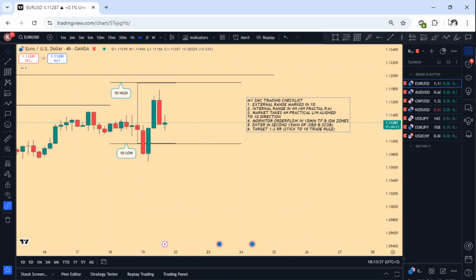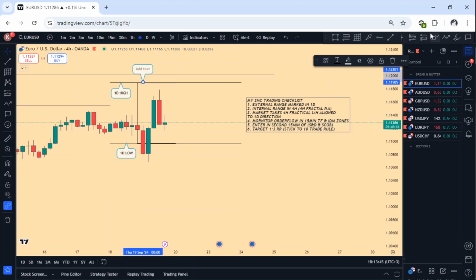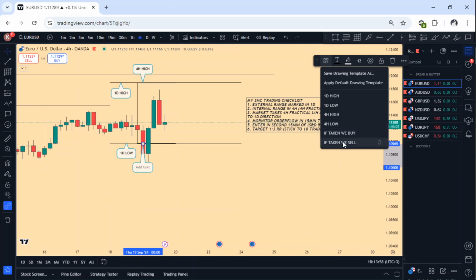It's not the clearest 4 hours fractal, but I'll explain further. So this becomes our 4 hours fractal high that should be taken, and then we continue buying, and then this becomes our fractal low that should not have been taken. But since it was taken, we couldn't just buy immediately. We had to wait.